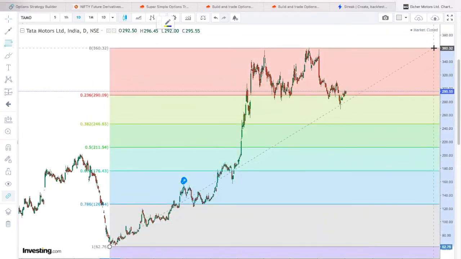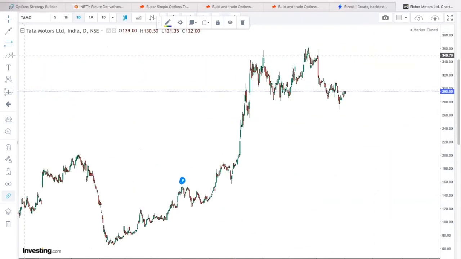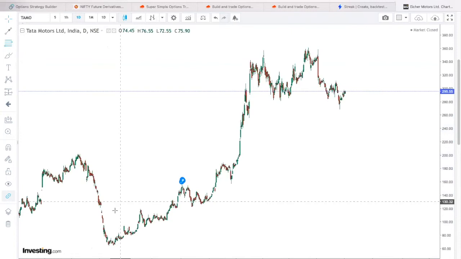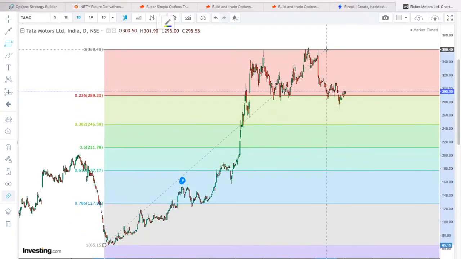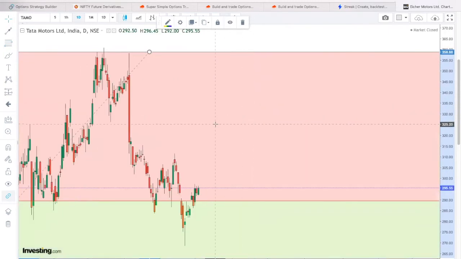This is an ending point. So Tata Motors is trading near the first Fibonacci golden ratio. If that also got broken, but luckily it reversed. Luckily it got reversed. Slowly it is going up.